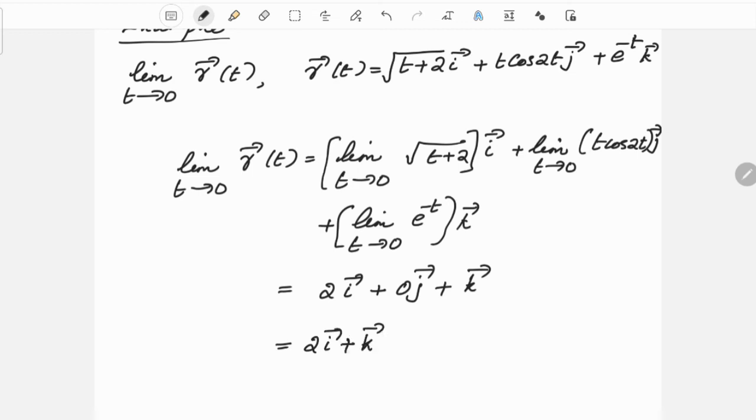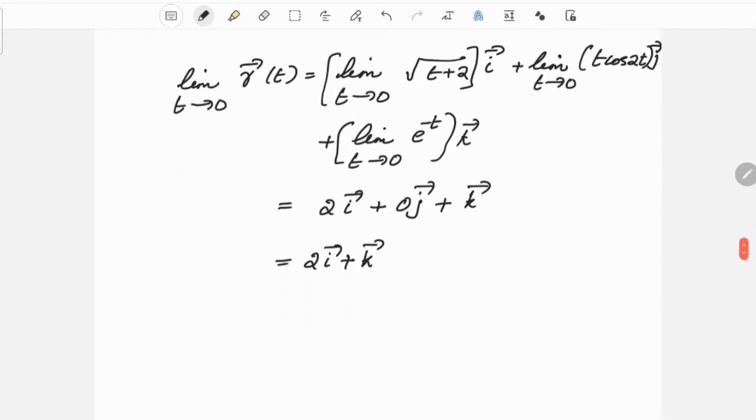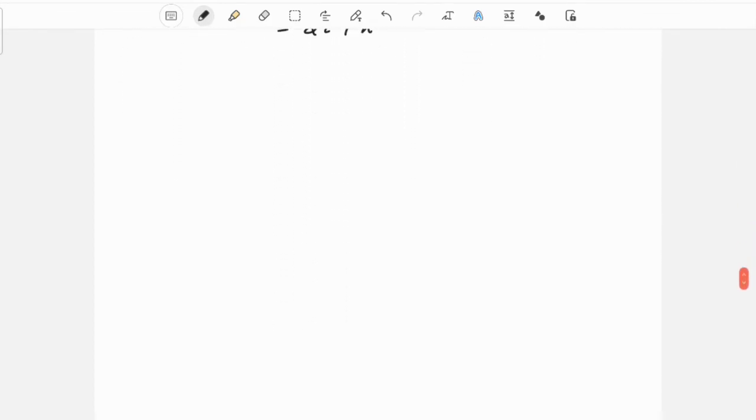So here vector r of t approaches this constant vector as t tends to 0. We can have one more example.